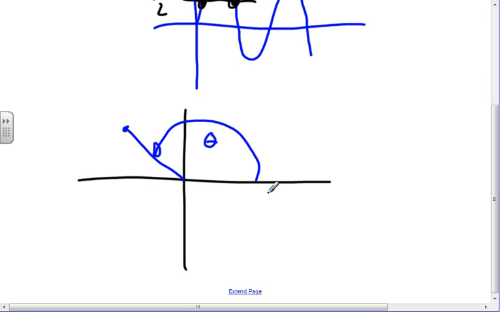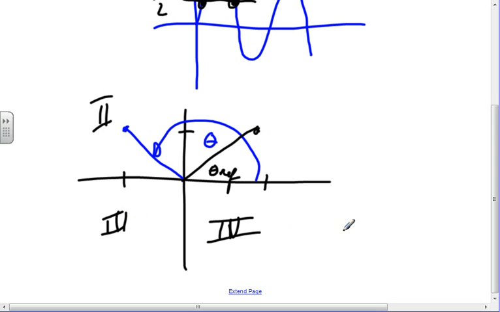And the issue is, if I were to take this guy and say he's really over there, like that, he's really over here, and I got this angle theta reference, because the sine of this angle theta is going to be the same as that angle theta reference. It's going to be the same number. Then how can I describe that second quadrant angle, or the third quadrant angle, or the fourth quadrant angle? So that's the issue.